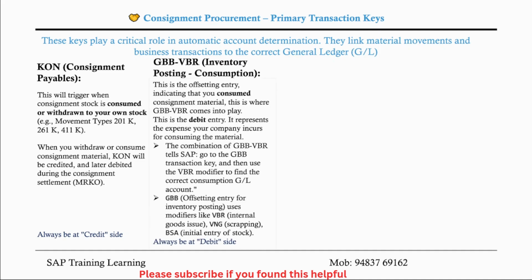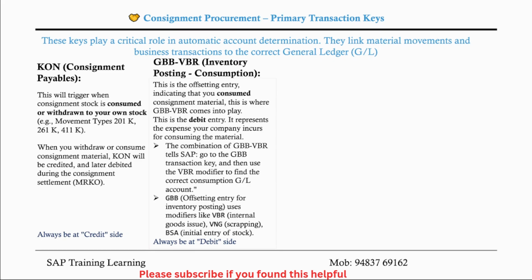In one of the ways, where you consume the consignment stock directly, GBB-VBR will come into the picture to offset that entry. That scenario is where you started consuming the consignment stock directly, without changing the ownership, for your internal use.